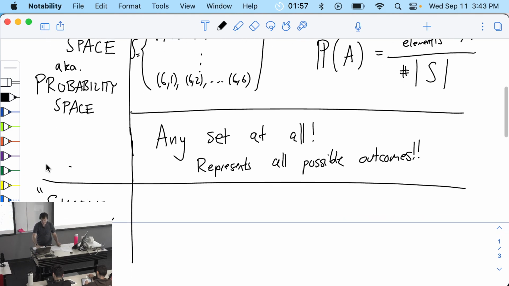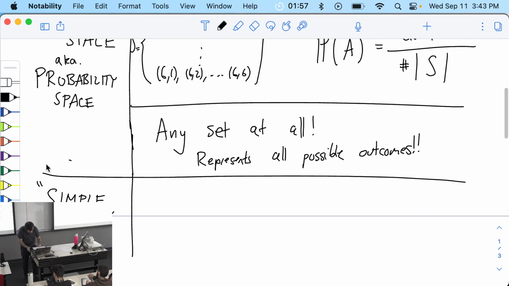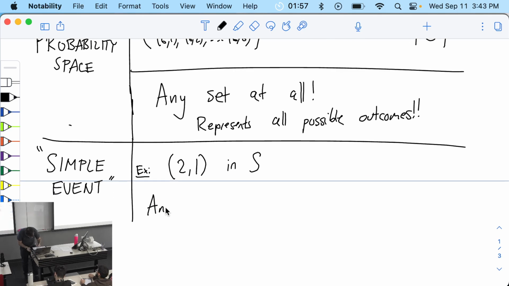So mathematically, a simple event just means one element of the set, which is the probability set. So as an example, we could have the outcome 2, 1 in S. That's the example. And in general, it's any element of the set S.